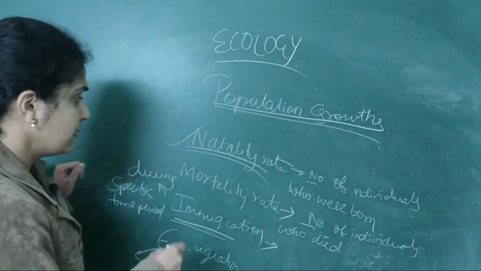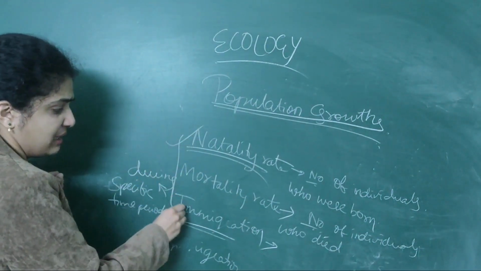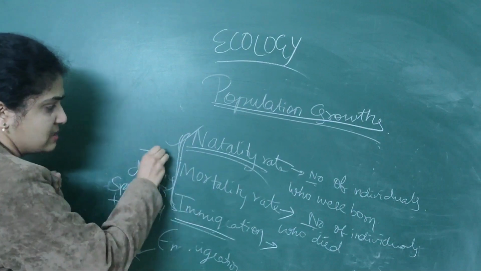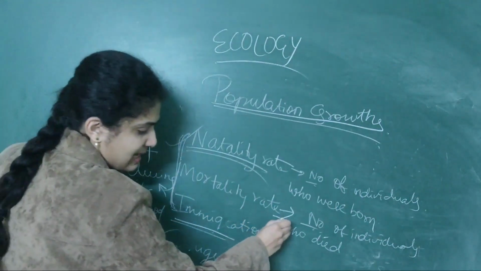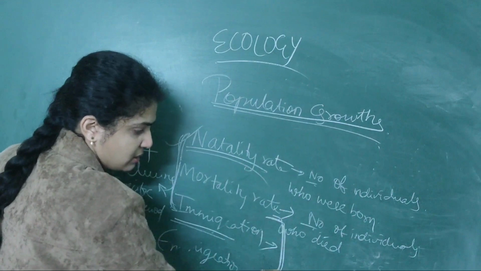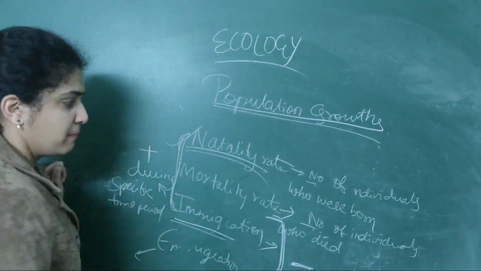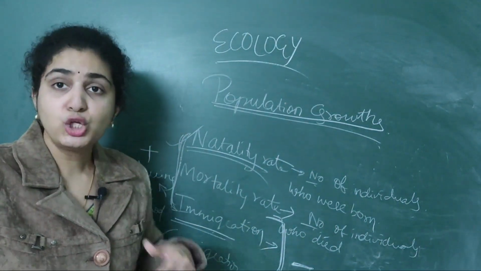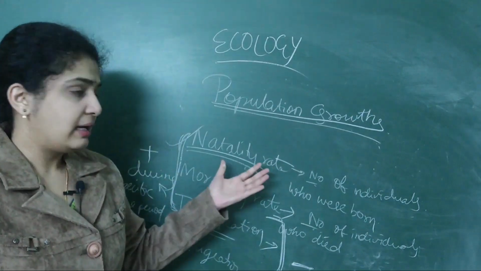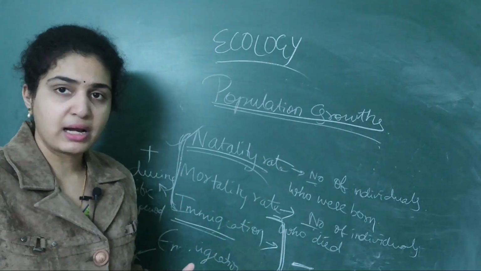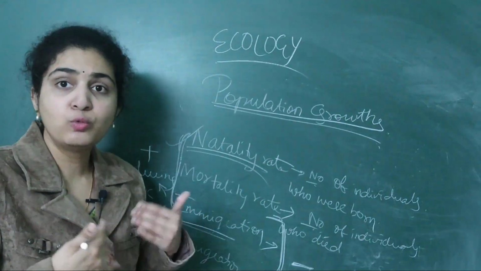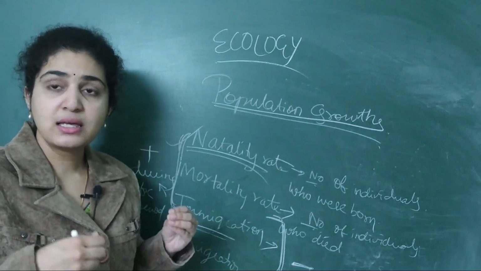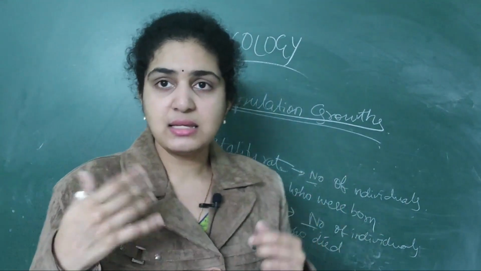So natality rate and immigration are plus. Mortality rate and emigration are minus. Plus means new people were added. Natality, birth rate, new people were added. Immigration, new people were added. Then the population size is increasing.